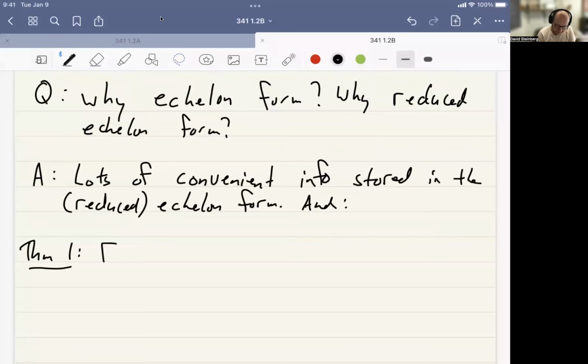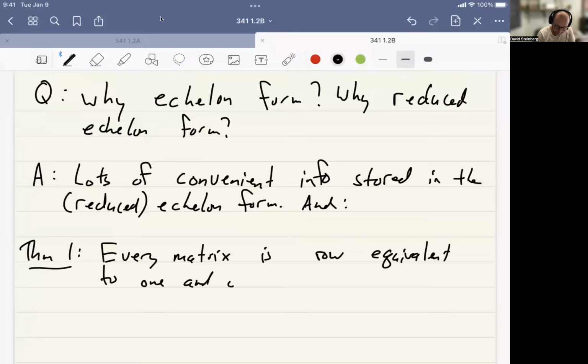So what does unique mean? It means every matrix is row equivalent to one and only one reduced echelon matrix.